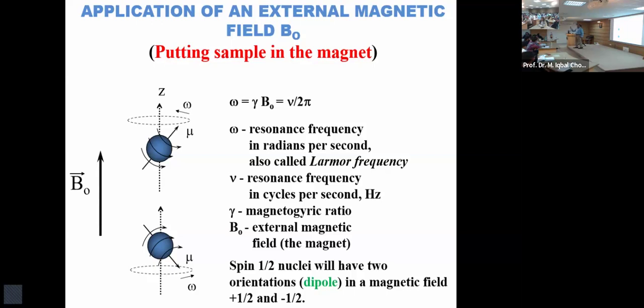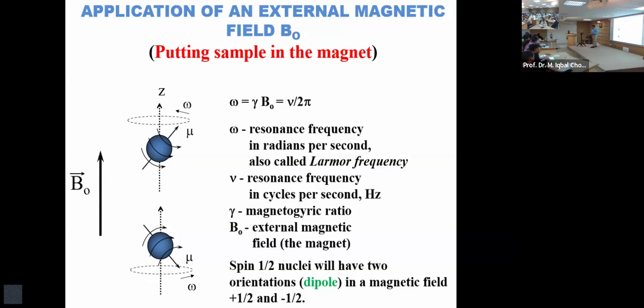Okay? And they use the word toppling gyroscope, when it's about to fall. So this is for the Larmor frequency, omega, which is directly proportional to B naught.